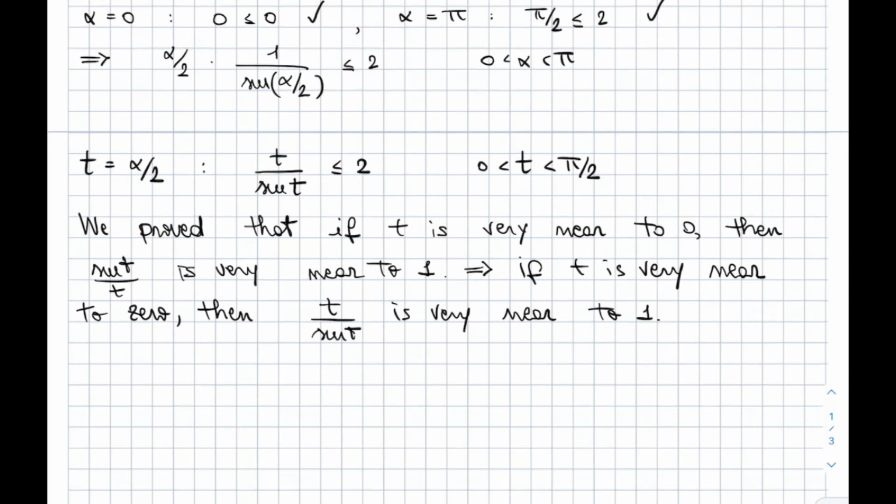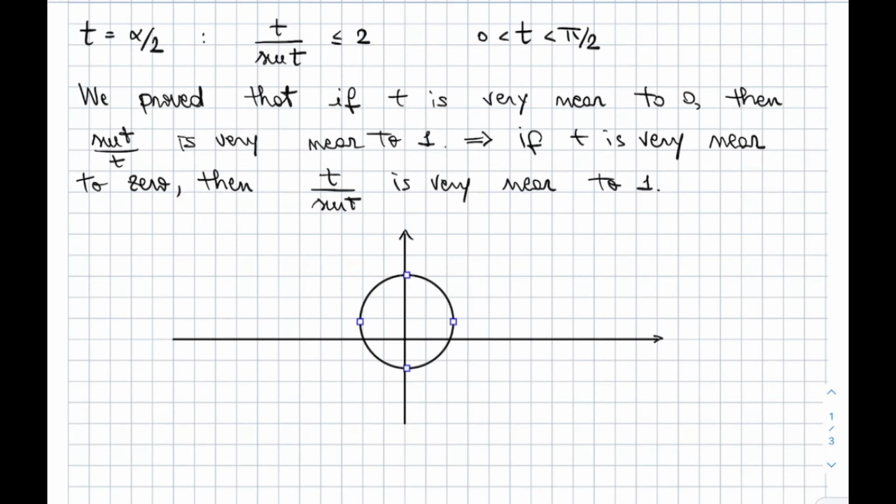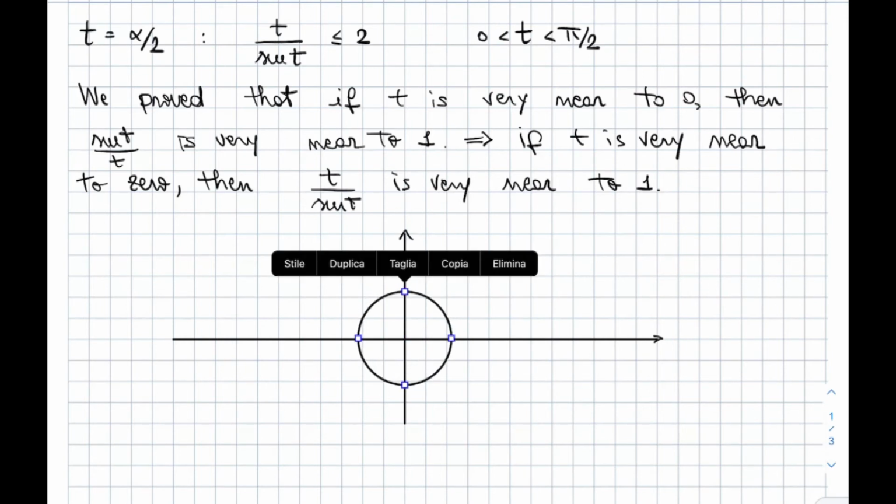How do we do this? Well, we consider the circle in the plane of radius 1, and we fix a point P here. Notice that this is what we're interested in because our angle has to be between 0 and pi divided by 2.